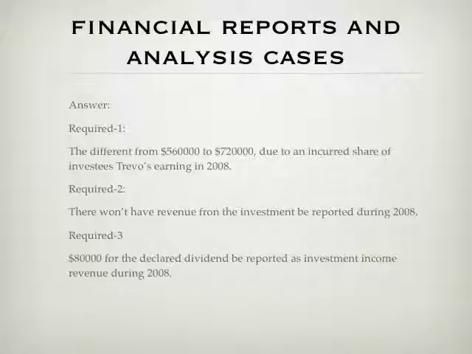For the third one, the answer would be 80,000 for the declared dividend reported as investment income revenue during 2008. The 80,000 for the declared dividend is reported because the market value method is used and Woodrow doesn't have significant influence over the investee Trevor, so that's why 80,000 was declared.